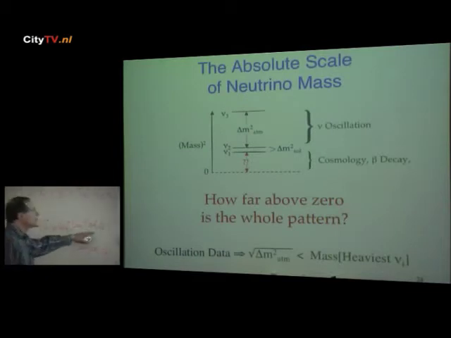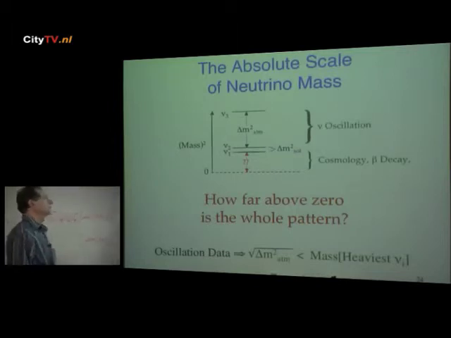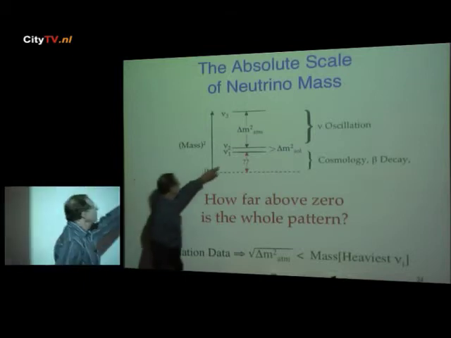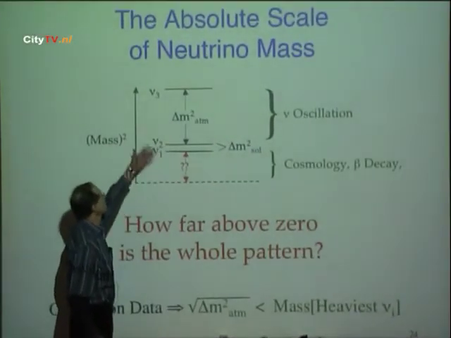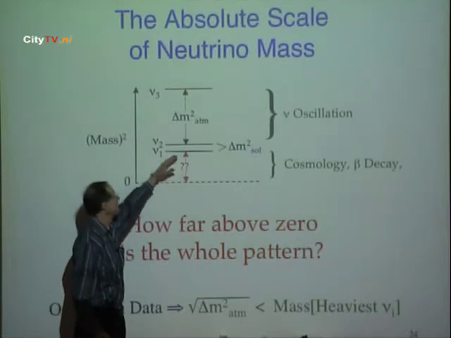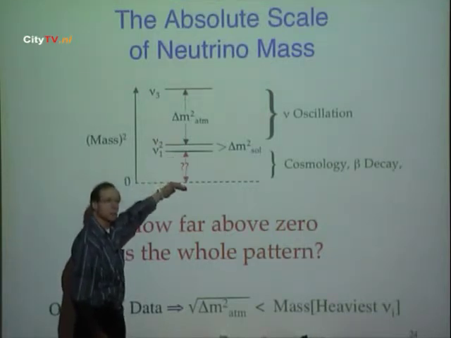Because oscillation experiments measure only splittings, we also don't know how far above zero the whole pattern is, the absolute scale. Now, oscillation does tell us something. I don't know if the spectrum looks this way or upside down, it doesn't matter. Somebody is at the bottom of the spectrum. And wherever the one at the bottom of the spectrum is, it's not below zero.